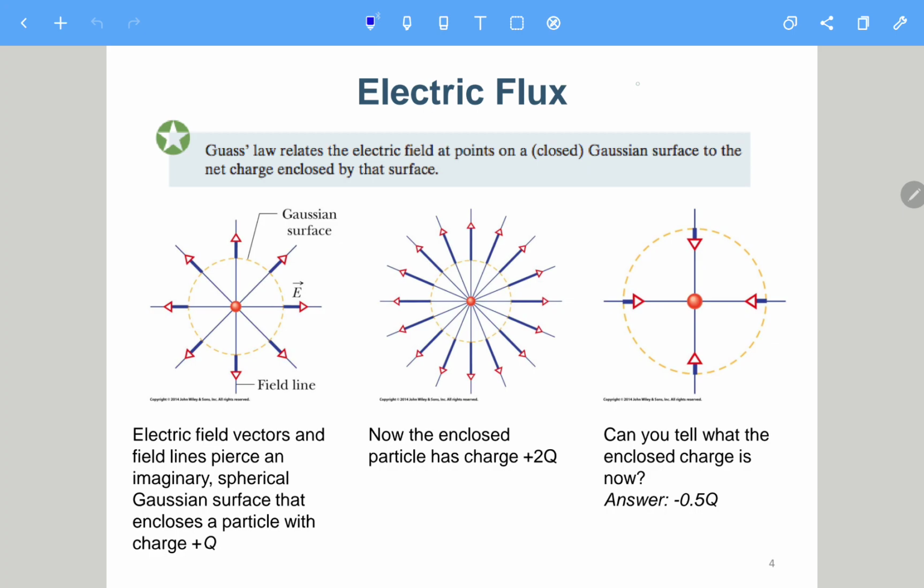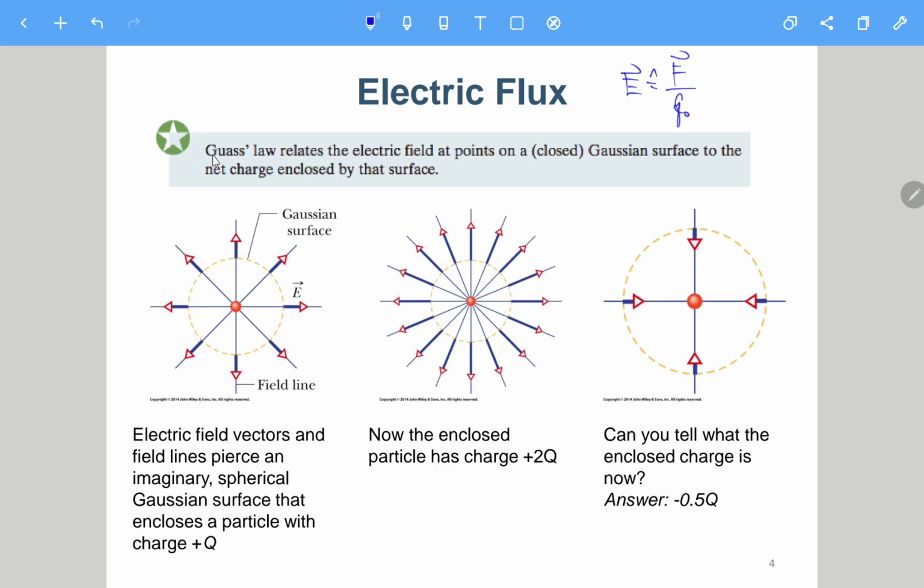The electric field is the electrostatic force divided by the test charge. This is the ordinary definition of the E field at the very beginning of chapter 22, if you don't remember. This is the E field, and the electric flux will be related to the electric field.